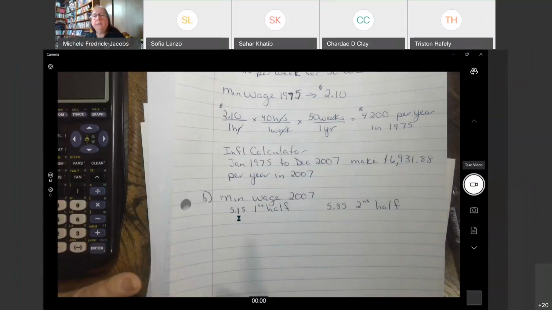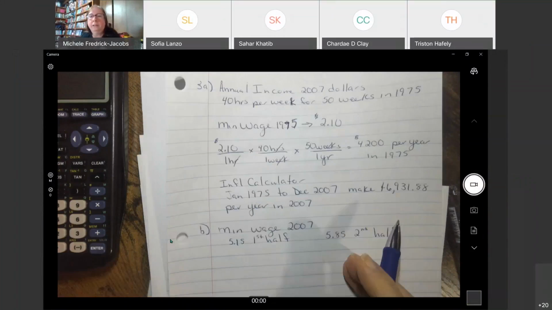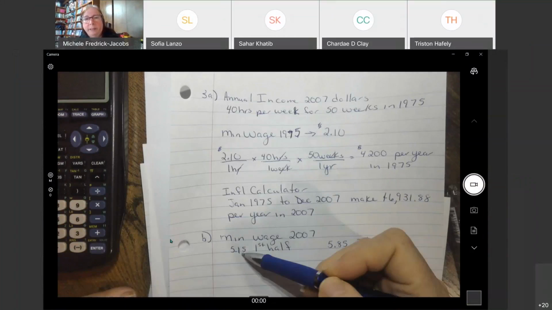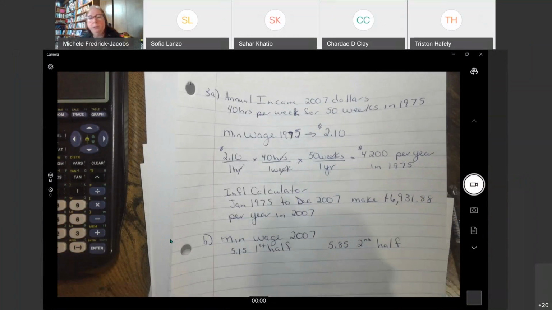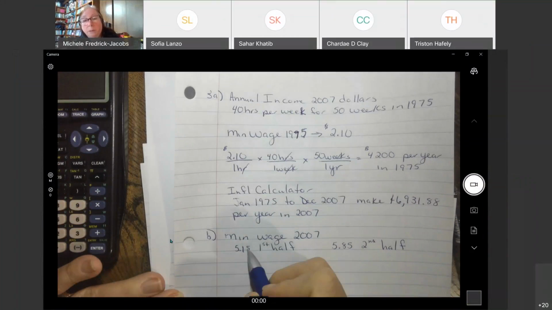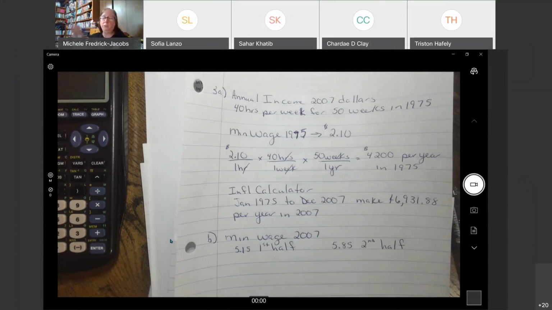Two ways we could do it. Because it was 50 weeks, we could do 25 weeks at this amount and 25 at this amount. Or since they're almost halfway, we could just find the average of the two and use that for our minimum wage, because half the year it's this one, half is this one.